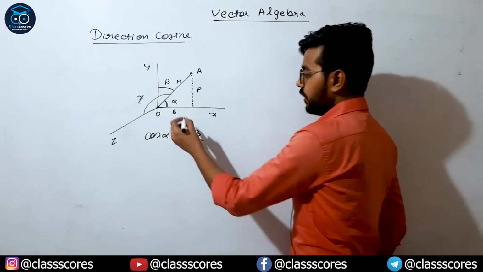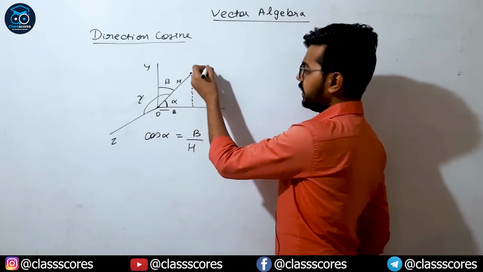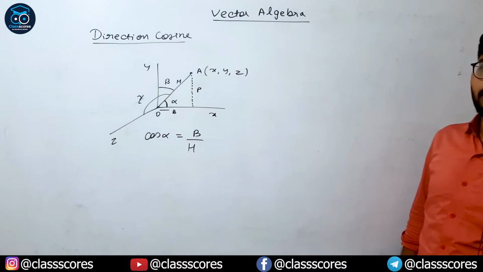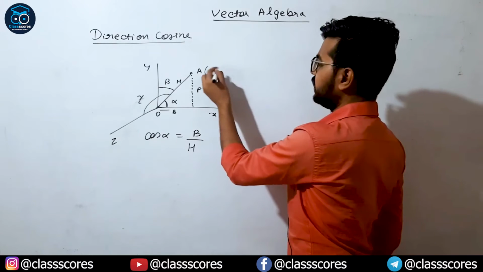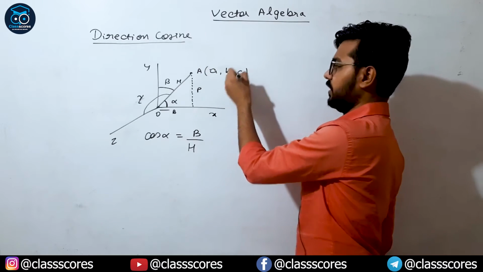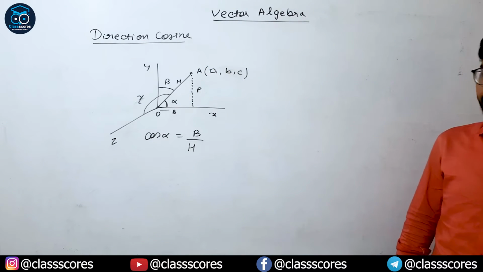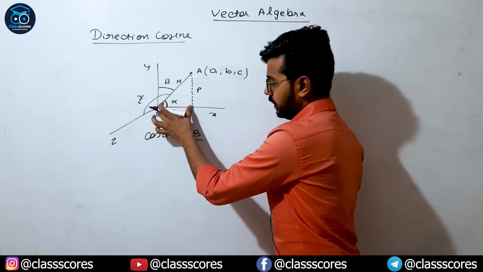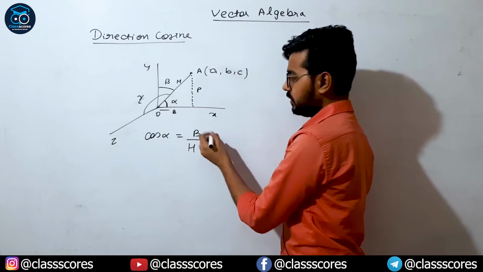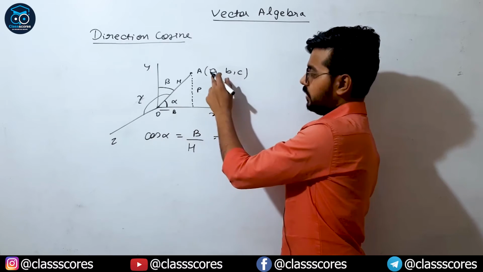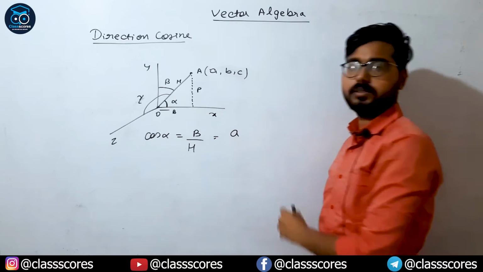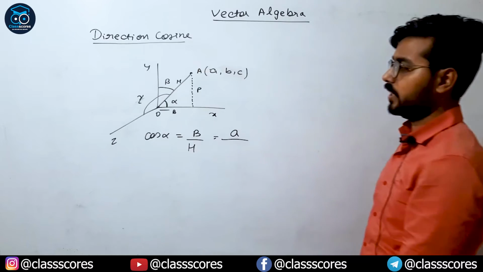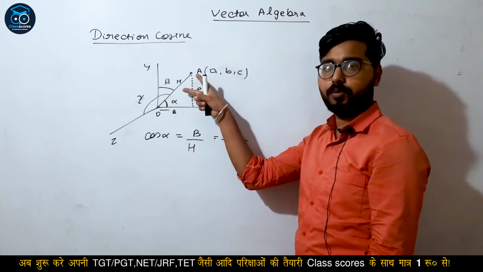Clear? Suppose we take A as x, y, z, or we can simply say a, b, c. The length of the base will be a. Now if we need to find the hypotenuse, the hypotenuse is the length of OA.